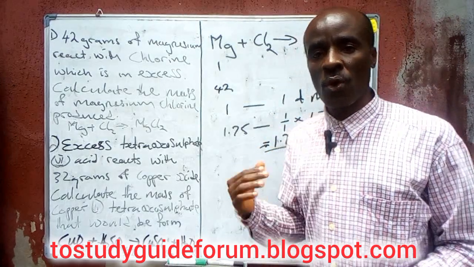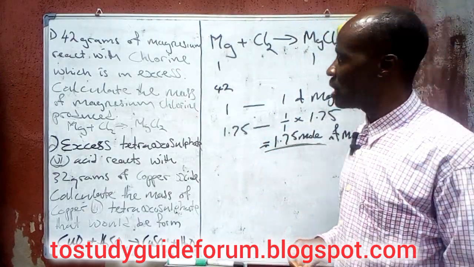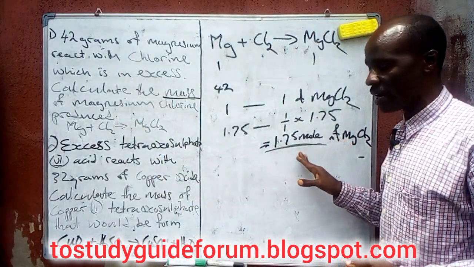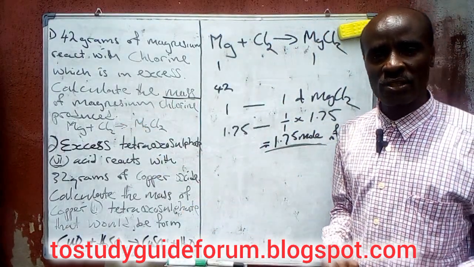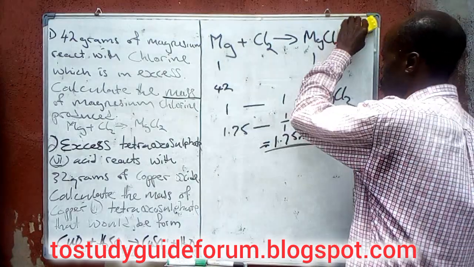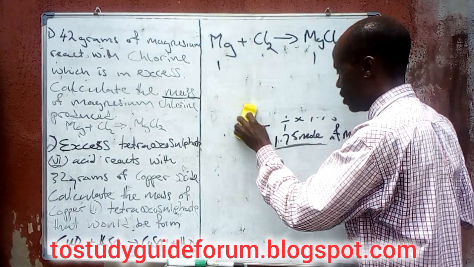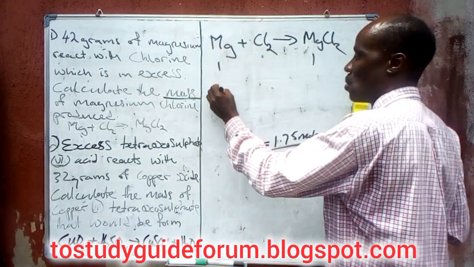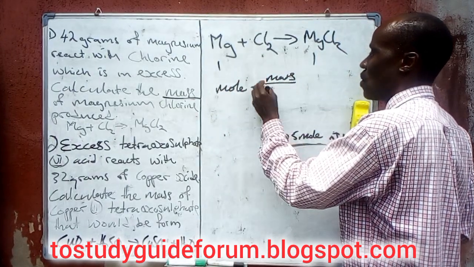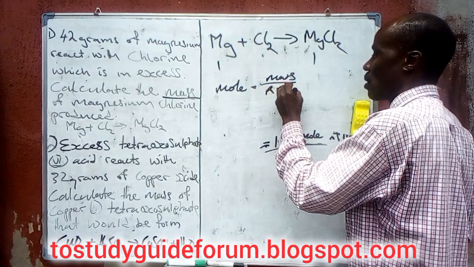What we do now is to convert it to mass, because we need the mass. Remember, this is not the final answer, because that is not what we are asked to calculate. We know that mole is equal to mass over relative molecular mass.